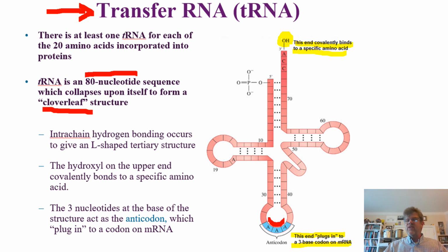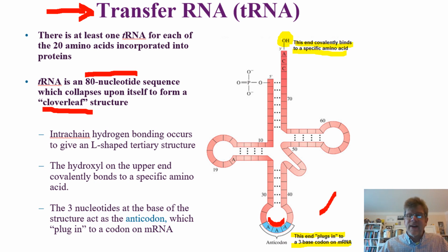There is only one sequence on the messenger RNA that anticodon can plug into, and that would be the codon UUU. Any other sequence and that anticodon will not plug into it. It has to be that particular sequence. So we get some specificity here.